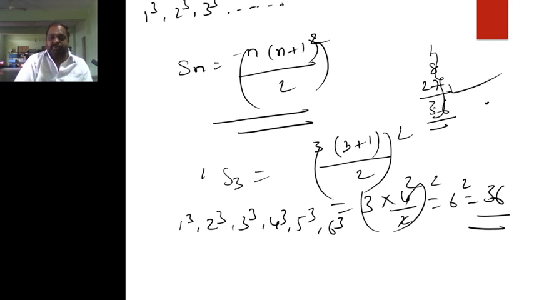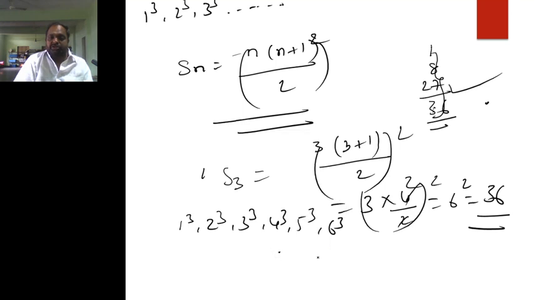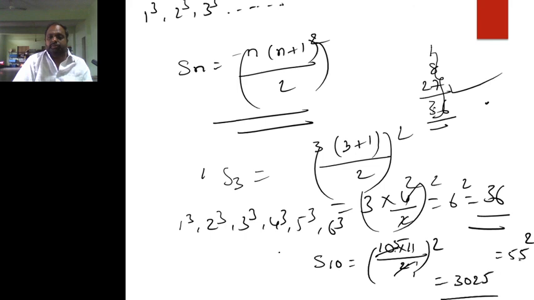So we simply apply 10 into 10 plus 1, 11 by 2 whole square, which is 55 whole square. 55 square means 3025. Okay, bye students.